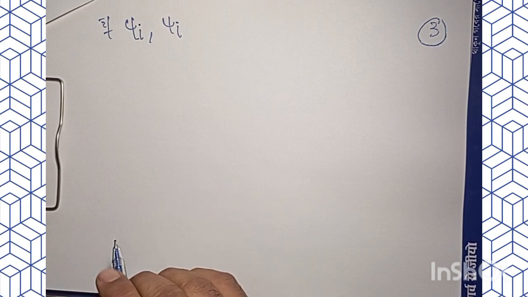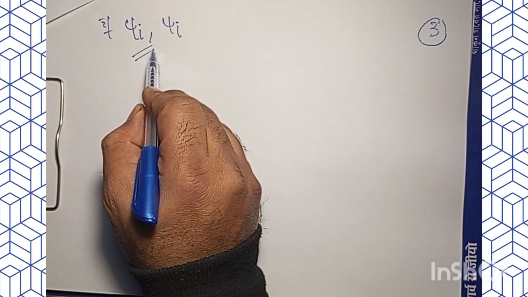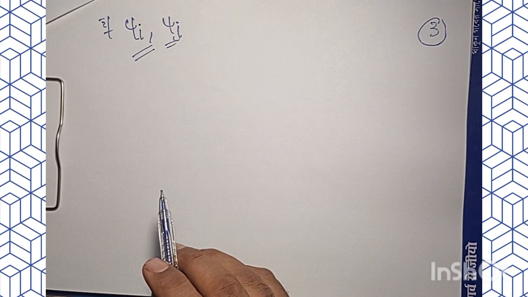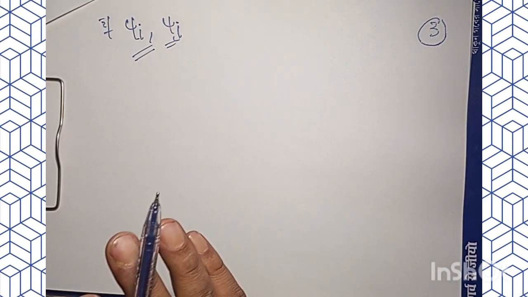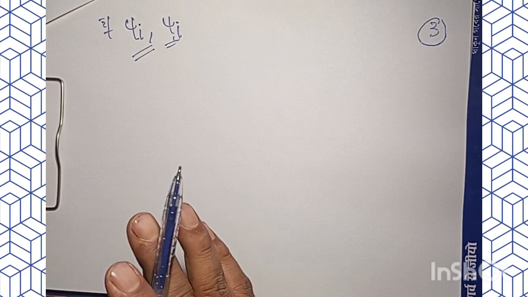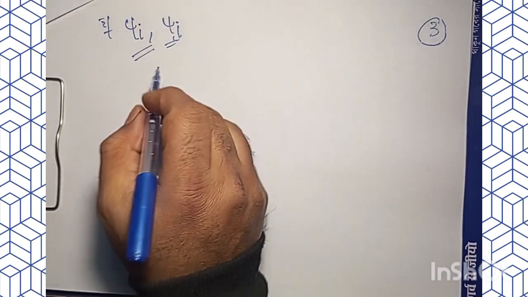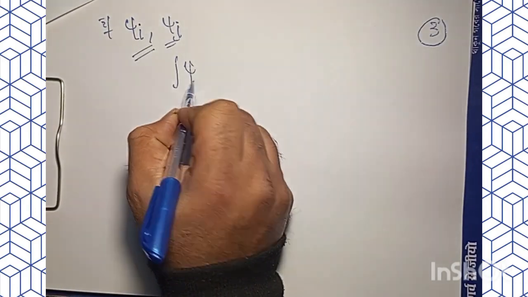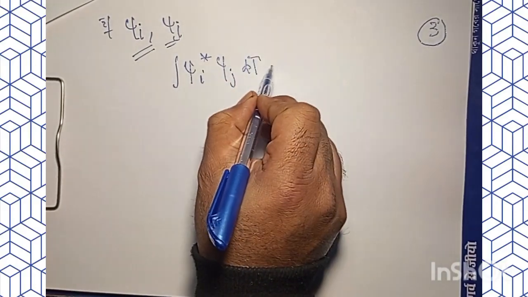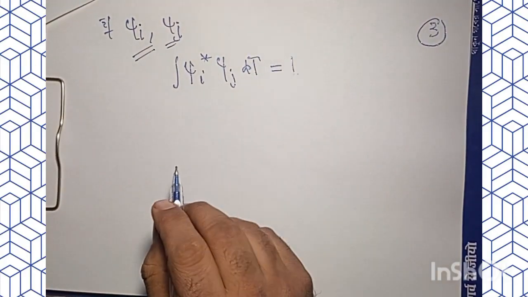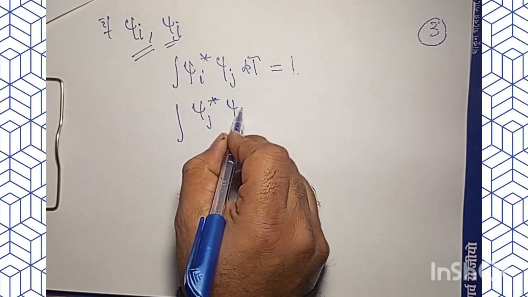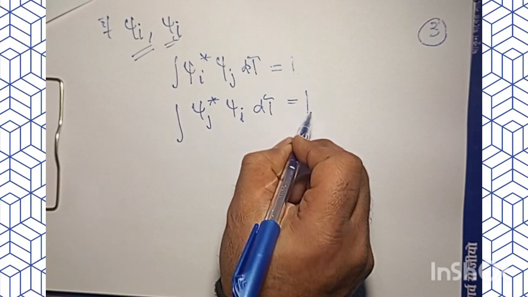Then these functions can be normalized, I mean, the integral of psi i star psi j d tau is equal to 1, and the integral of psi j star psi i d tau is equal to 1.